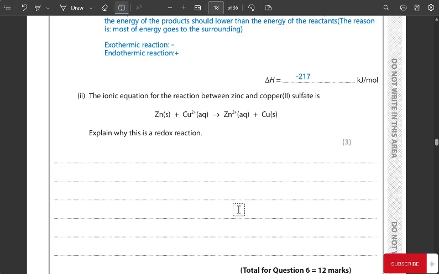Okay, the next one. The ionic equation for the reaction between zinc and copper sulfate is shown here. Explain why this is a redox reaction.